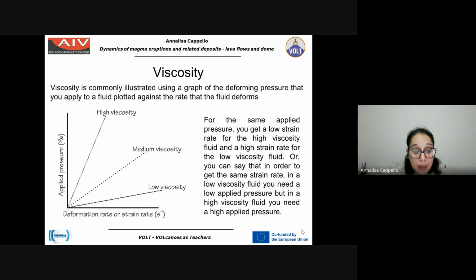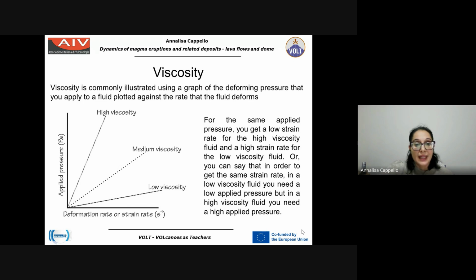For the same applied pressure, we have a low strain rate for the fluid having a high viscosity, and a high strain rate for the low viscosity fluid. Or we can say that in order to have the same strain rate in a high viscosity fluid, we have to apply a stronger pressure. I don't know if I've been clear.